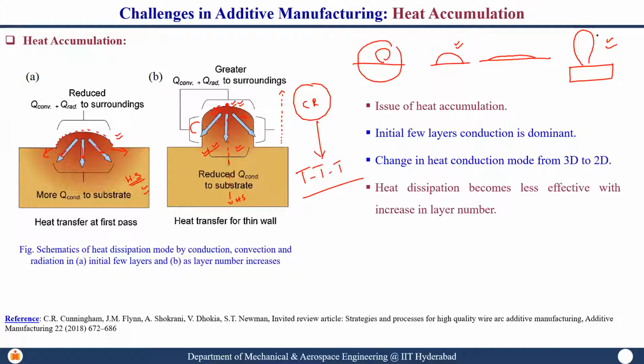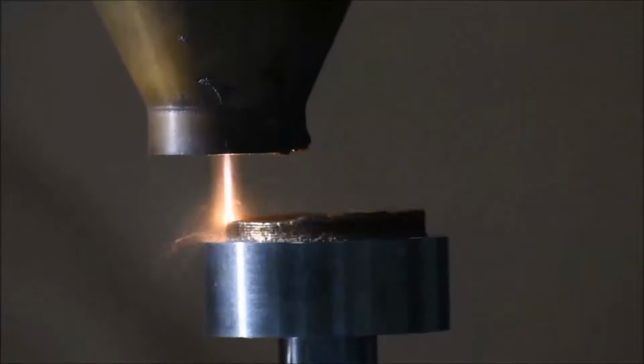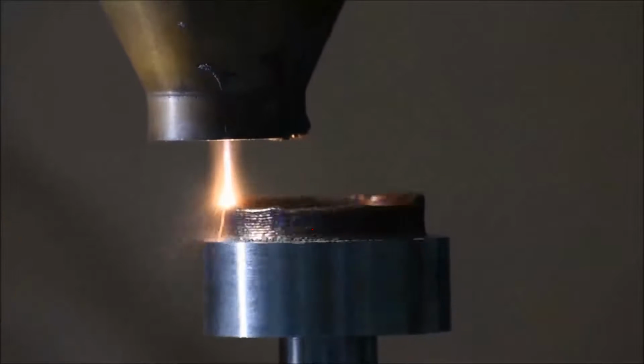The third challenge is that the molten pool becomes unstable, creating waviness on the surface. Now let us see all these challenges when the actual component is getting deposited. Here you see when the deposition is taking place for the first few layers, there was no waviness.